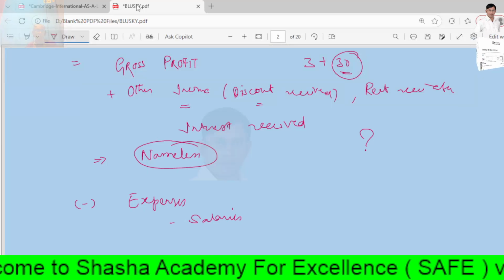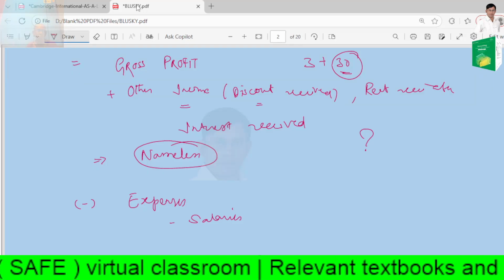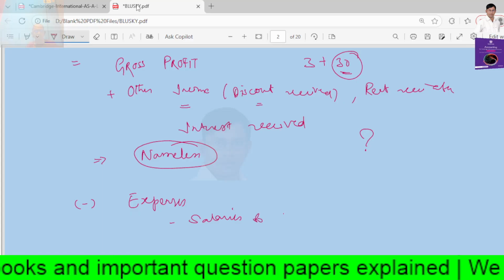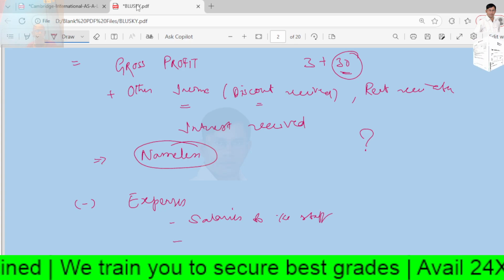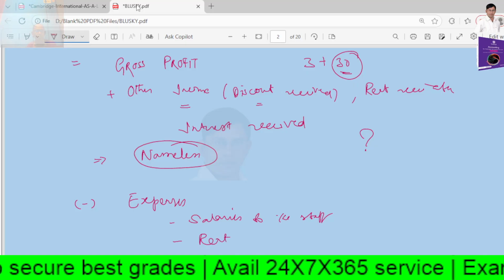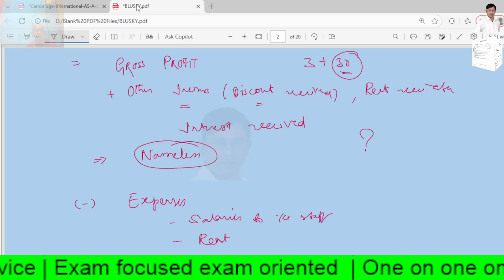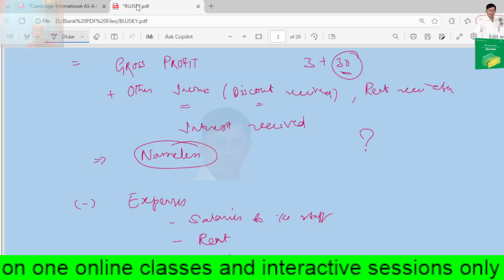Cost of sales is to make the goods saleable. But after the goods become saleable, there are so many other expenses. You may have to pay salaries to the staff, you may have to pay rent, you may have to pay wages to the workers.